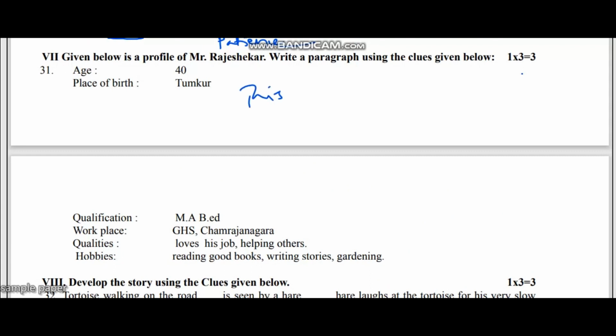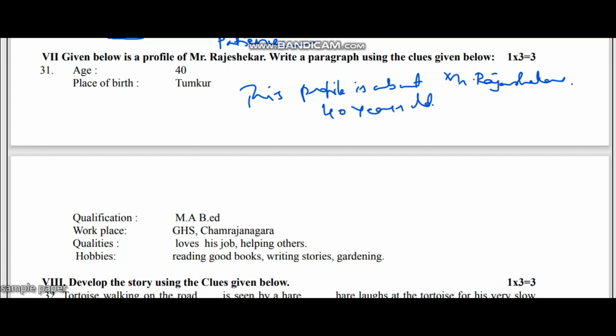This profile is about Mr. Rajshekhar. He is around 40 years old. He was born in Tumkur. You will write in complete sentences.